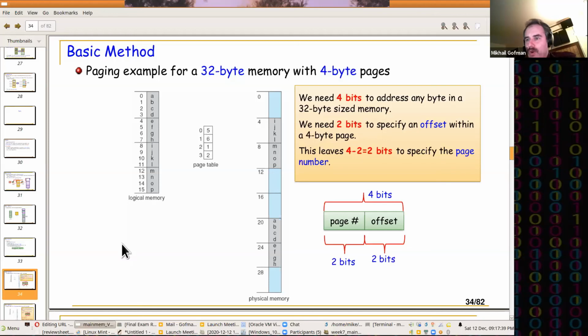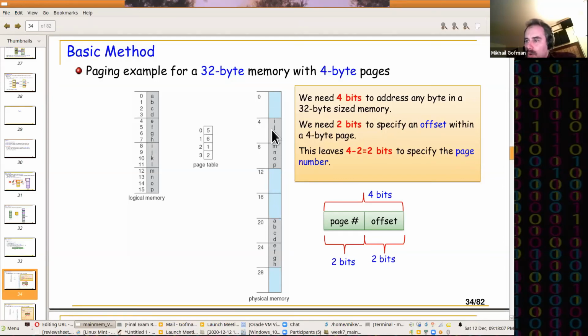Now, how are those pages mapped into the physical frames? Well, this page table tells us how. So page 0, which is this page, is mapped to the physical frame 5. So 0, 1, 2, 3, 4, 5. The virtual page 1 is mapped to the physical frame of 6.